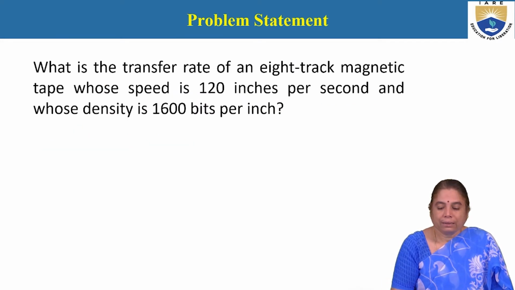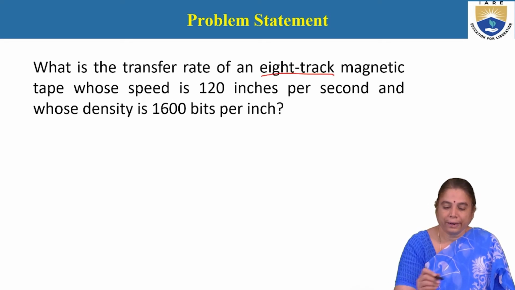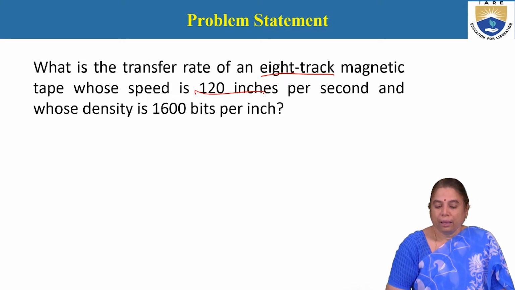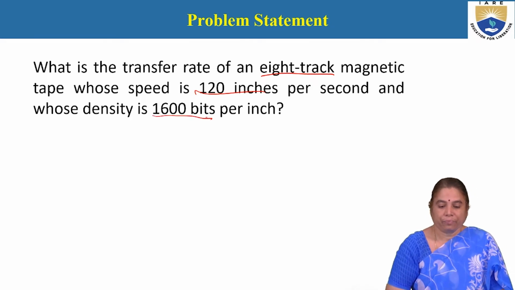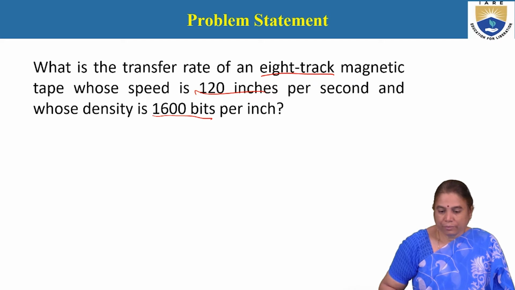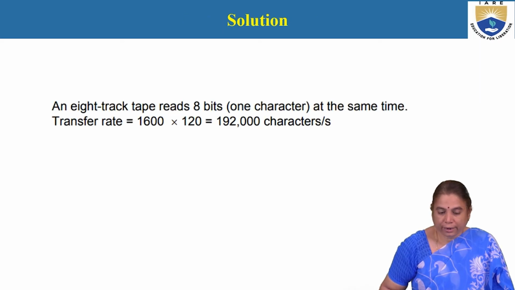Next, what is the transfer rate of an 8-track magnetic tape? The number of tracks is 8, whose speed is 120 inches per second and whose density is 1600 bits per inch. So the transfer rate can be calculated.